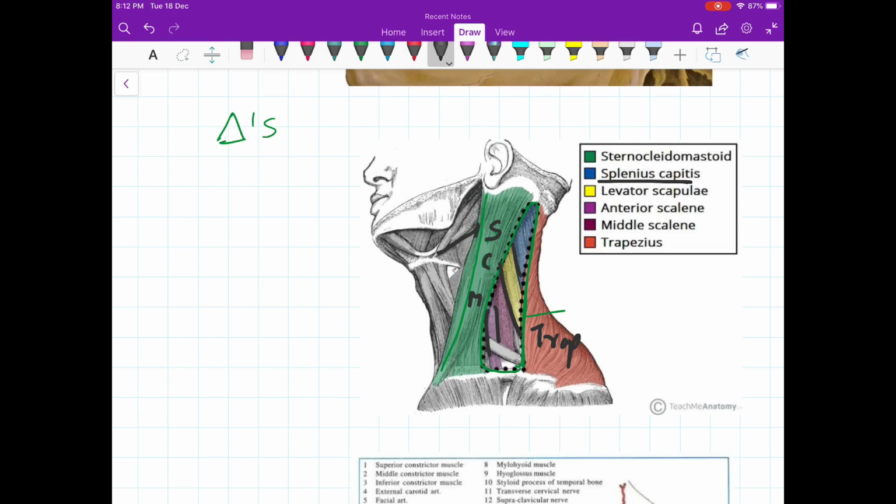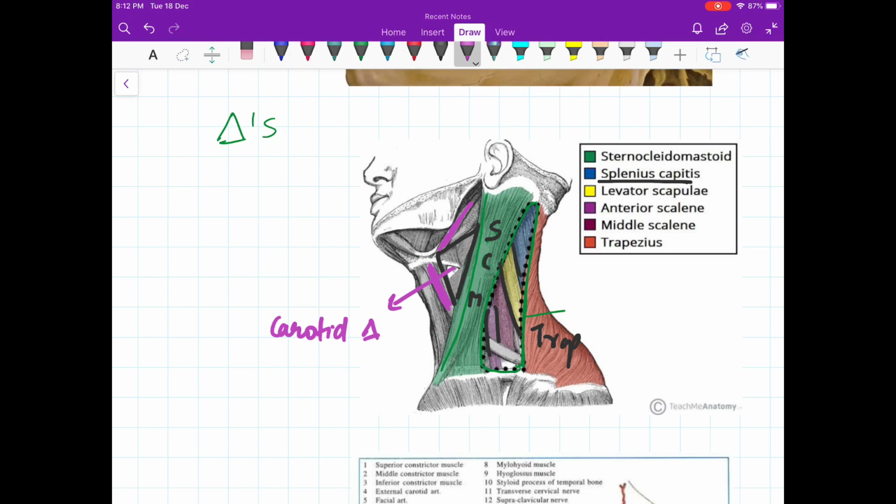This triangle that is bounded posteriorly by sternocleidomastoid, anteriorly by posterior belly of digastric, and inferiorly by superior belly of omohyoid is carotid triangle.